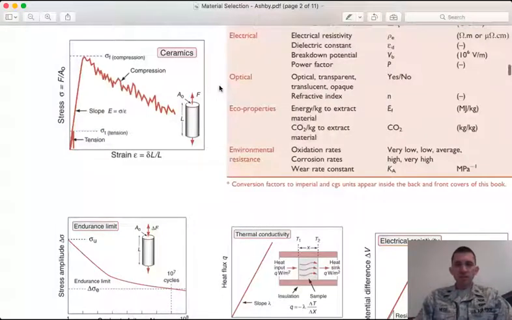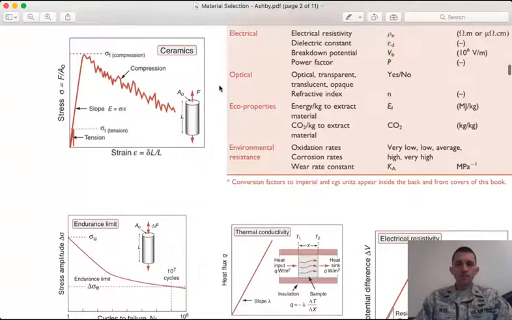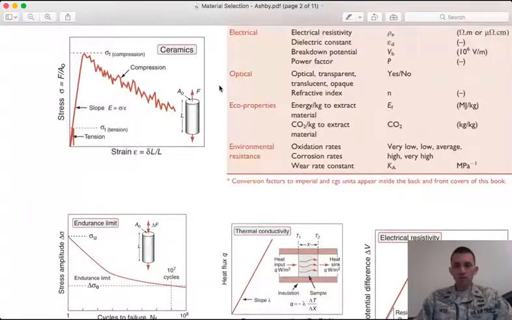So, if you're building a semiconductor device, obviously you care quite a bit about resistivity and dielectric constant, breakdown potential, right? All these electrical properties.